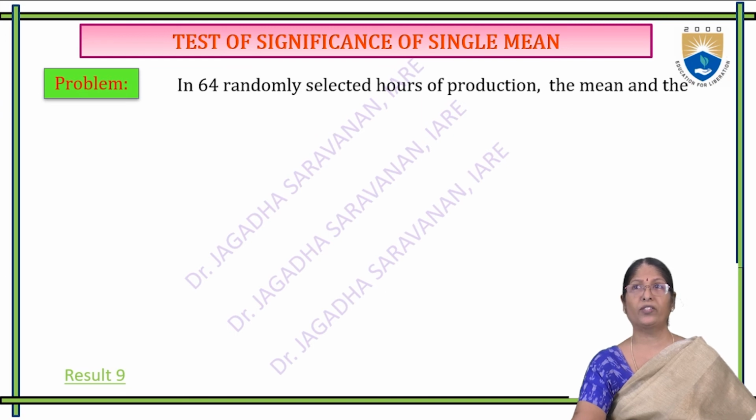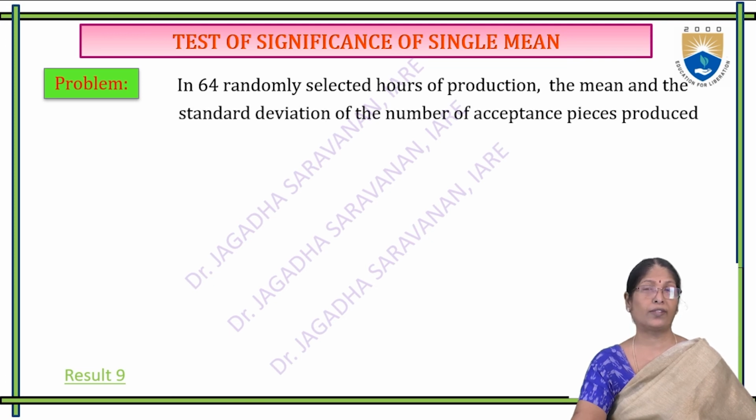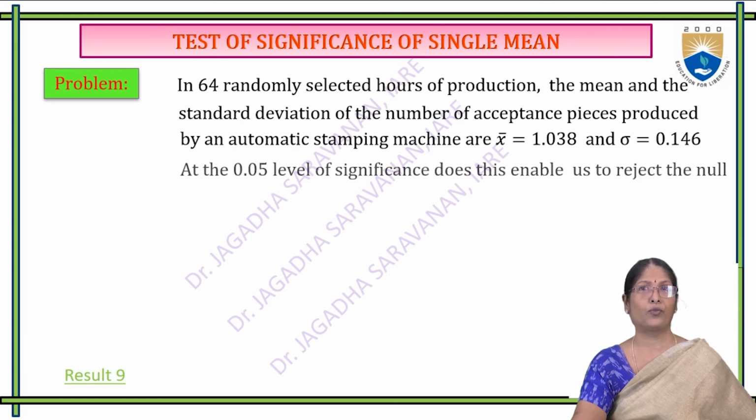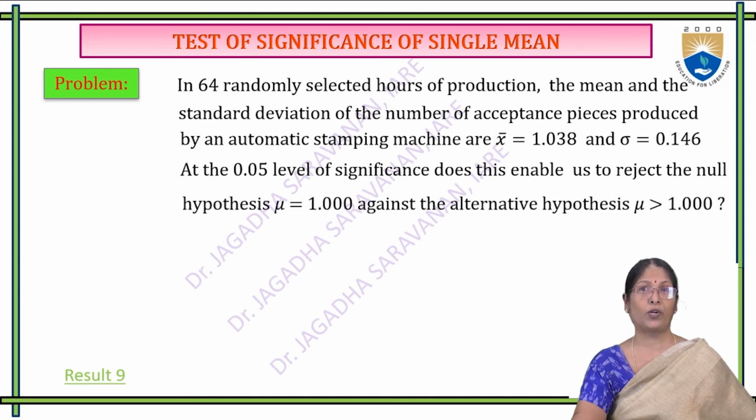So we will move to the next problem. In 64 randomly selected hours of production, the mean and the standard deviation of the number of accepted pieces produced by an automatic stamping machine are x bar equal to 1.038 and sigma equal to 0.146. At a 0.05 level of significance, does this enable us to reject the null hypothesis?